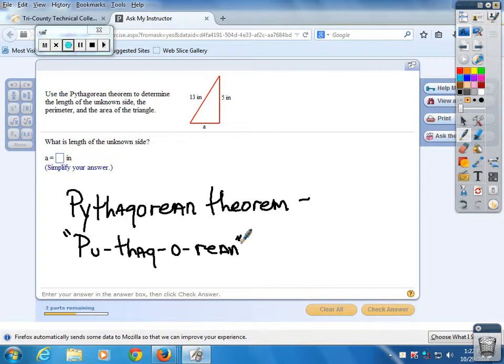Pythag. That sounds like a couple of words. O, like jack-o'-lantern, jack-o'-rean, and rean, like the second two syllables of Korean. Okay? Korean, rean. So, Pythagorean. So you should be able to pronounce that.